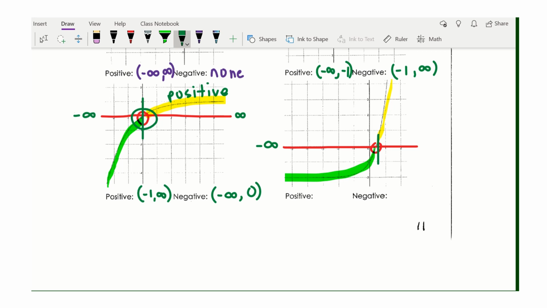So from negative infinity to 1.5, it's in the negative y values of the graph. And then this part here is in the positive, and that goes from positive 1.5 to positive infinity.